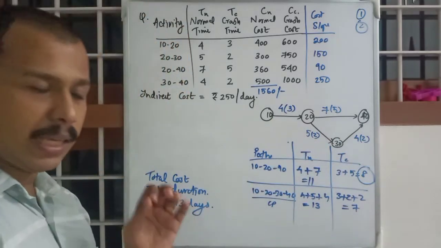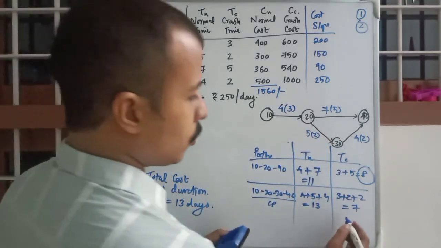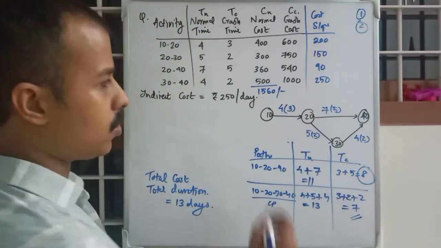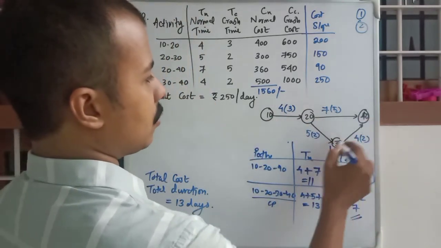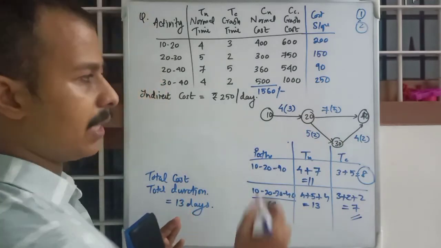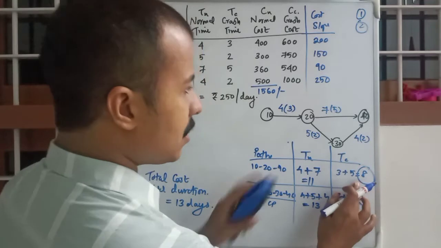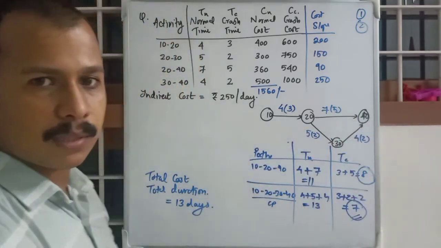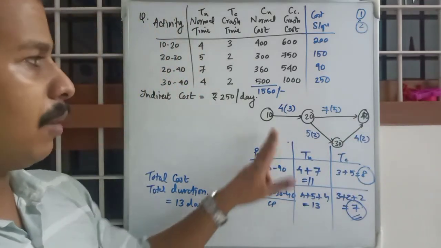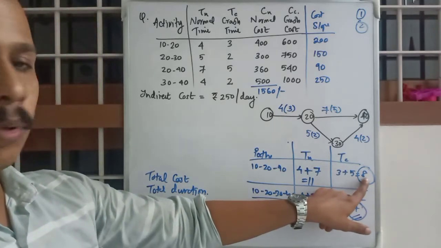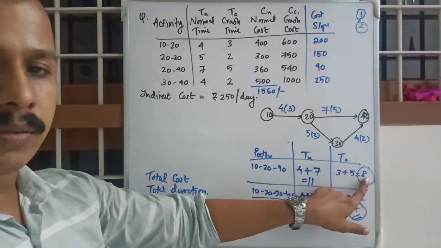Even if we take this critical path down to 7 days, this other path will be the greater one. Then it will become the new critical path and this will be the new duration, right?